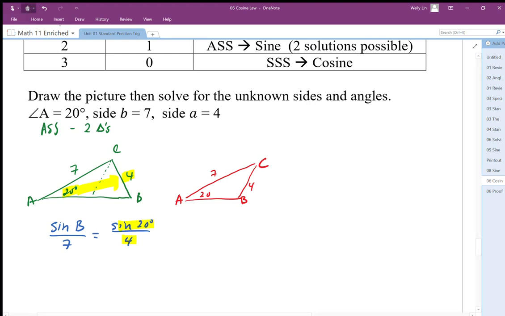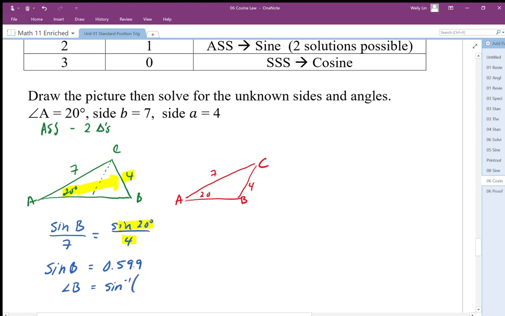Solving for angle, so sine B. I need my calculator again. So using my calculator, I'm going to do 7 times sine of 20 degrees divided by 4. I'm going to get 0.5985, so I'm going to round that to 0.599.